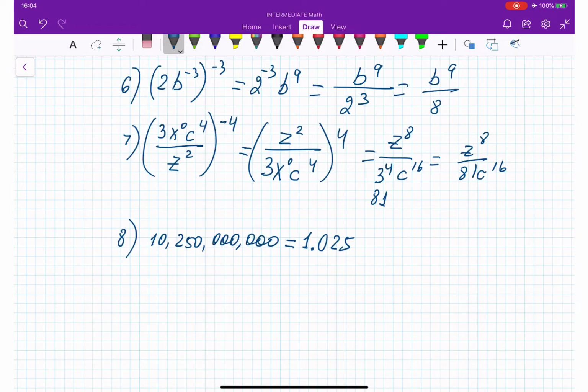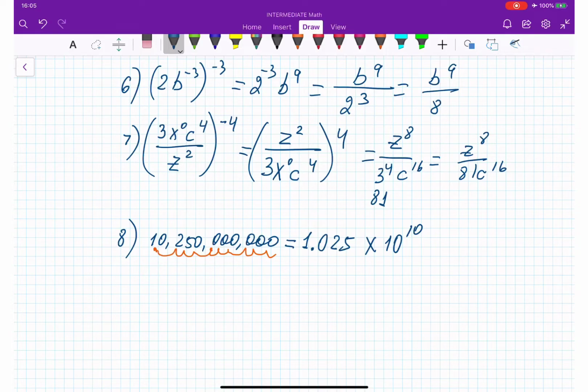Look here: 1, 2, 3, 4, 5, 6, 7, 8, 9, 10 times, right? Because my point came here. 10 times, which means I have to multiply this 1.025 by 10 to power 10, to get the original number.